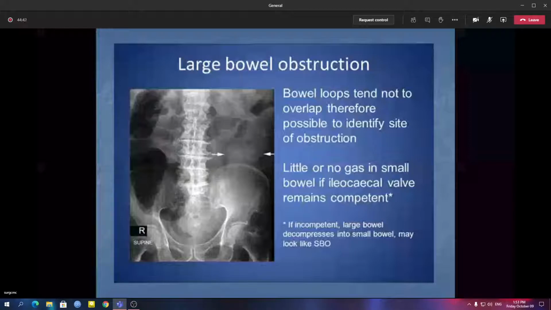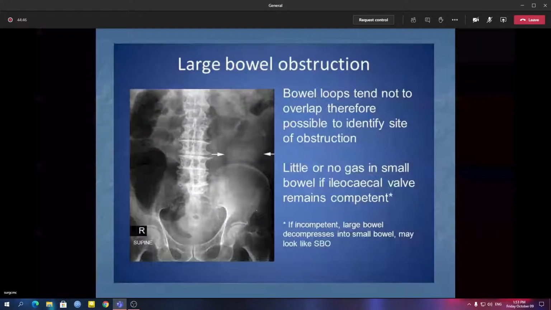If it is competent, it won't allow the gas to come back from cecum to ileum. So if it is competent, the large gut will be dilated, the small gut will not be dilated in that way.